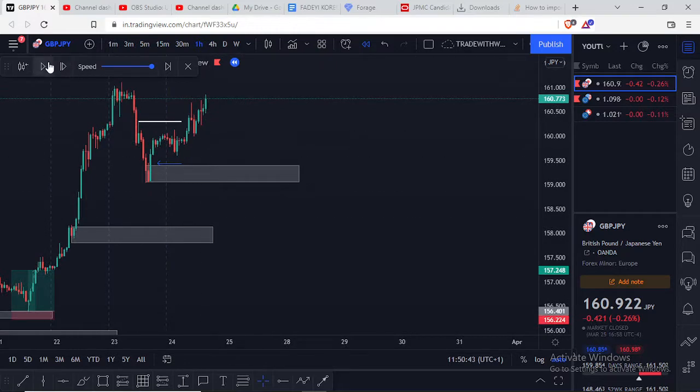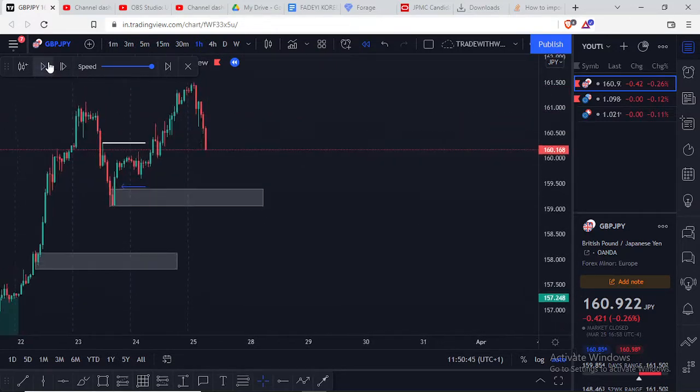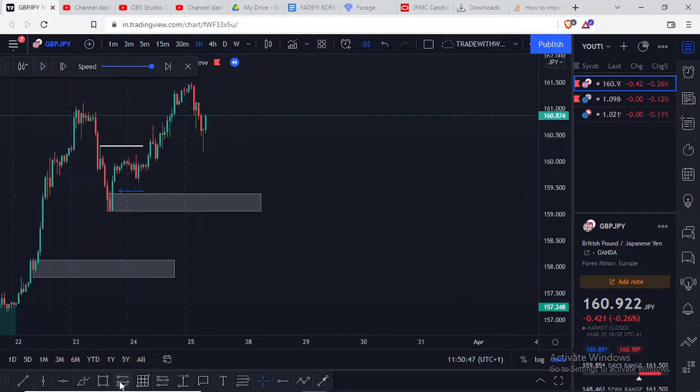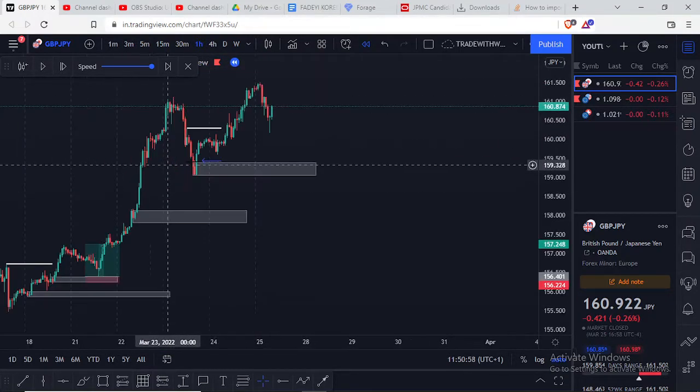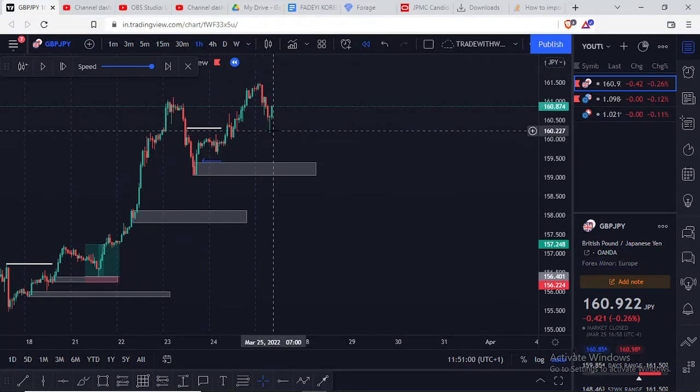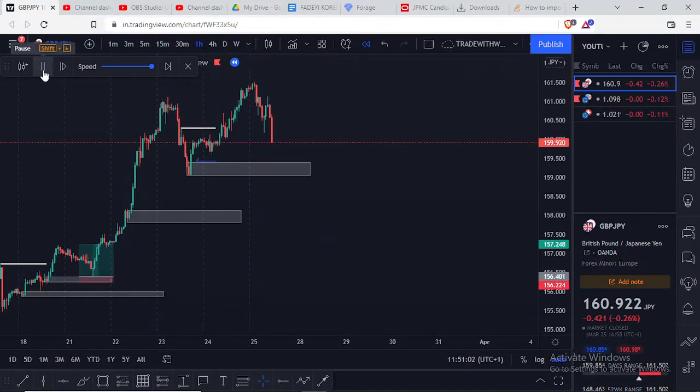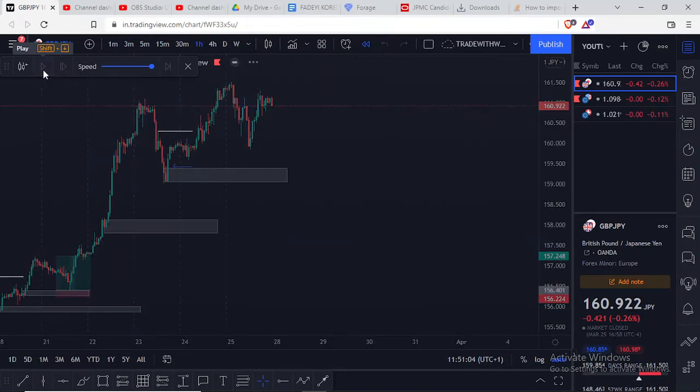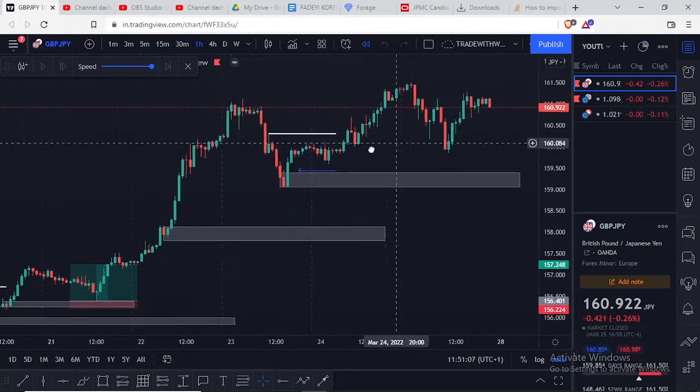Also, there was a demand zone here, but I won't take this because of this mitigation at this point. But if you wanted to use that, you might have gotten entry. But this was around 7 o'clock, so if you are still asleep, you might not get entry at that point. Okay, so that's where the current market price is actually.